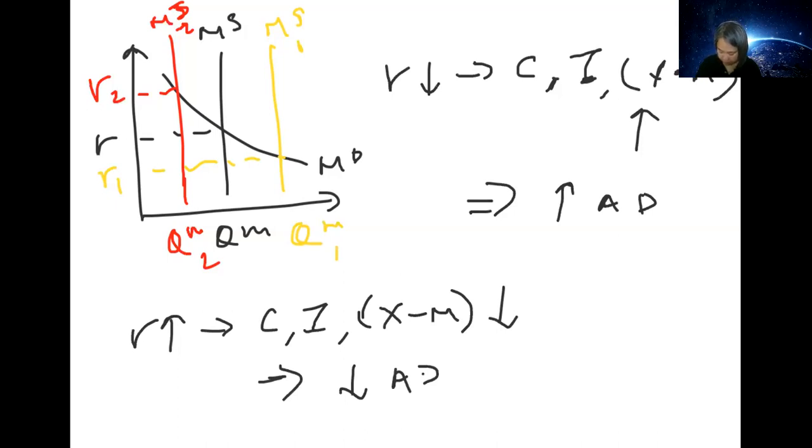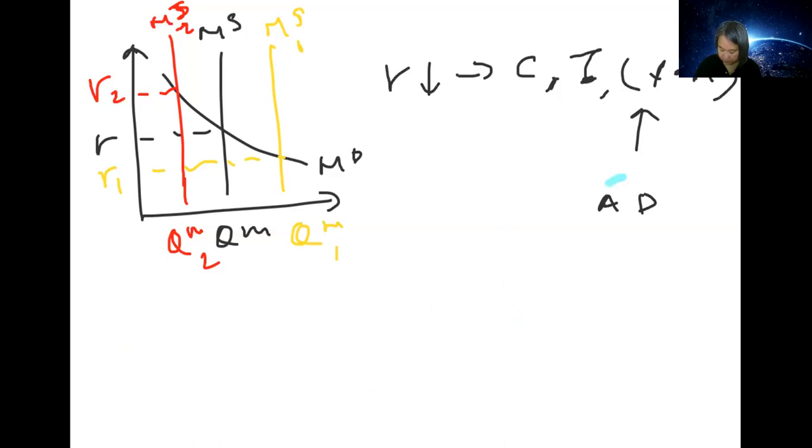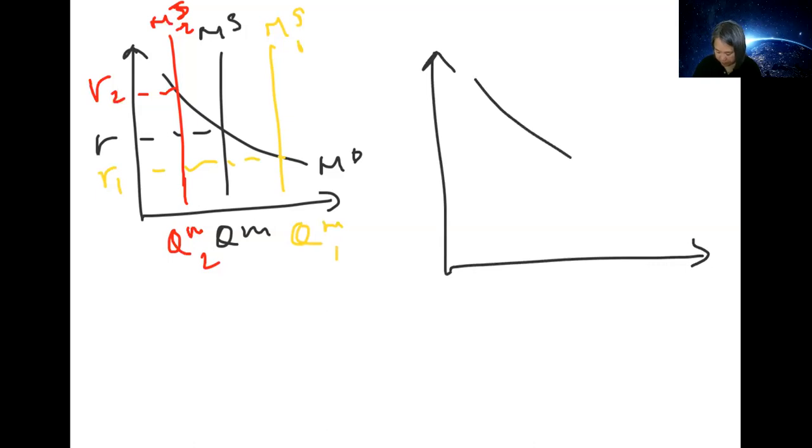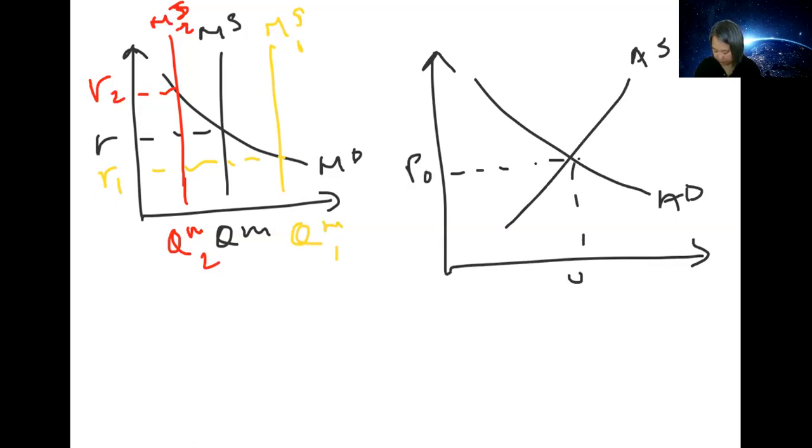So let's put a graph in here, and I'm going to erase these little relationships and just put in a graph. In this case, I'm going to use an aggregate supply and aggregate demand graph, and I'll give you a point where we are starting, which I'll color code so it makes sense.